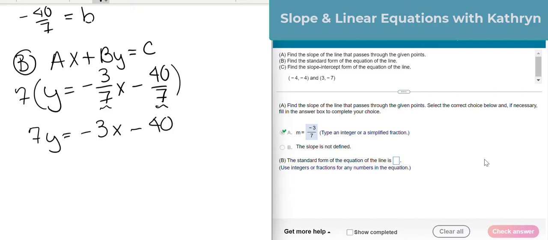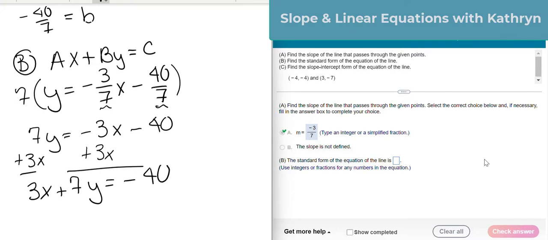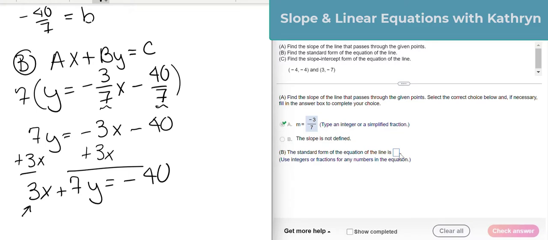We need to get both x and y on the same side. So we're going to add 3x to both sides. So we'll have 3x plus 7y equals negative 40. Now, this is positive and it's not a fraction. That's awesome. This is actually going to be our standard form. Let's type it in.